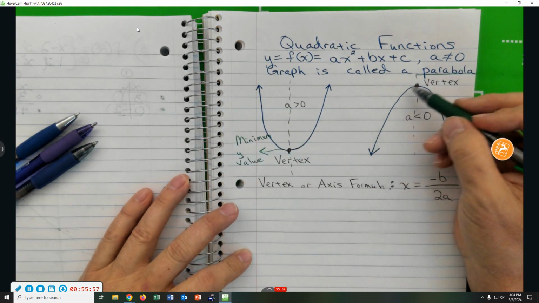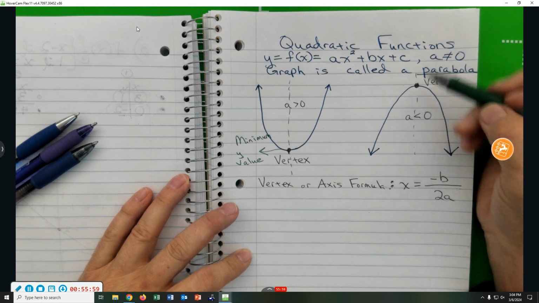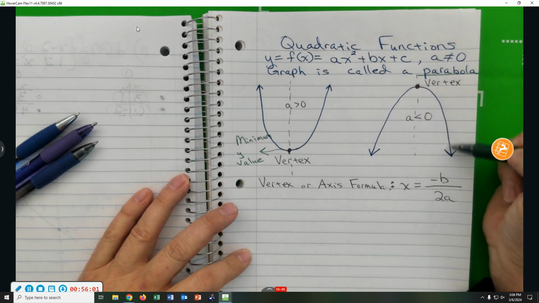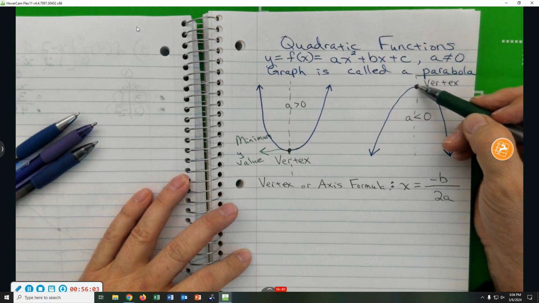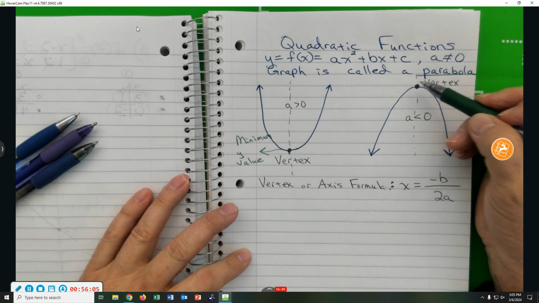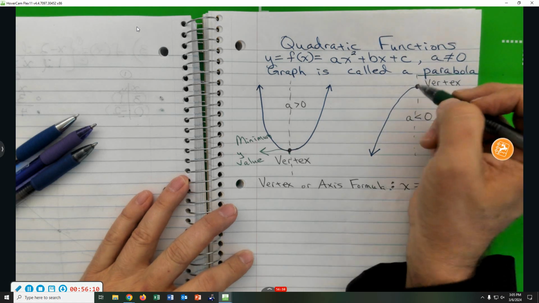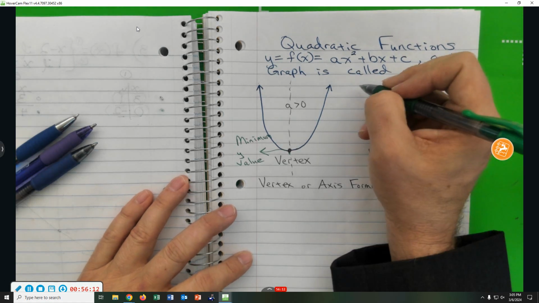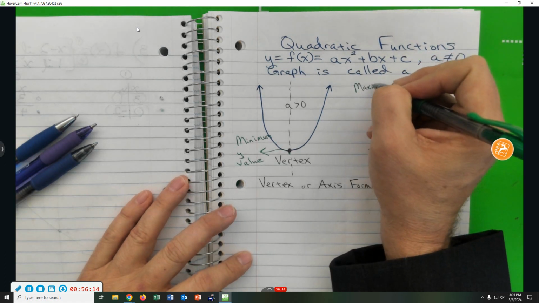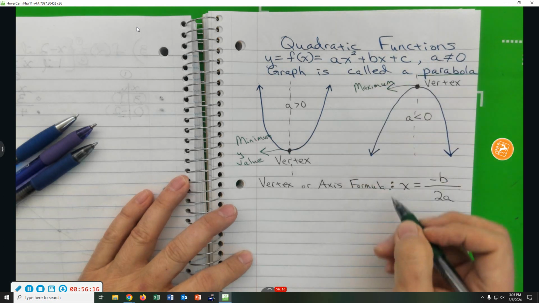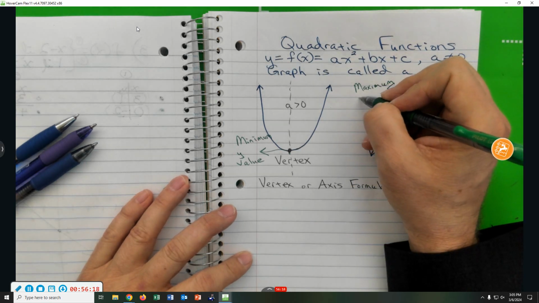If a parabola is opening downward, are there any points on this graph that have y values bigger than this y value right here? No, this is the tallest point. It has to have the maximum y value. So when you're looking for maximums and minimums, you'll have to determine the vertex.